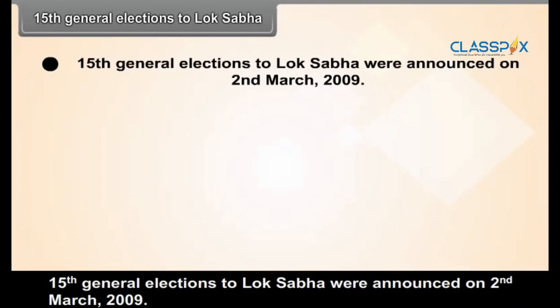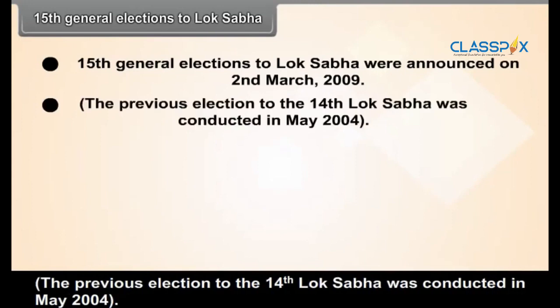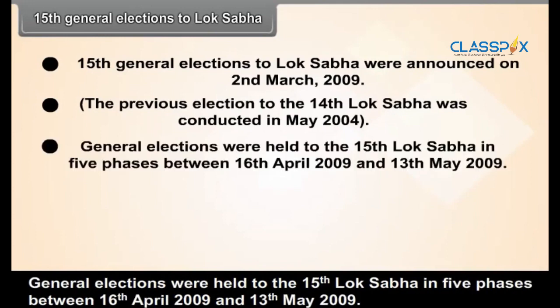15th general elections to Lok Sabha were announced on 2nd of March 2009. The previous election to the 14th Lok Sabha was conducted in May 2004. General elections were held to the 15th Lok Sabha in 5 phases between 16th April 2009 and 13th May 2009.